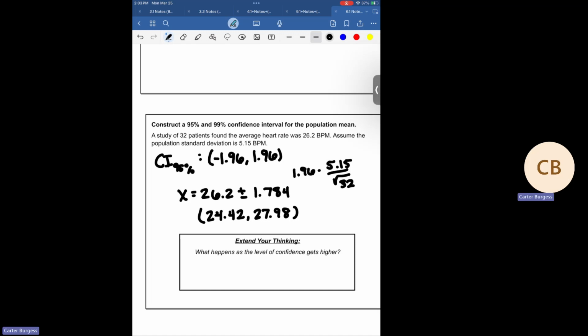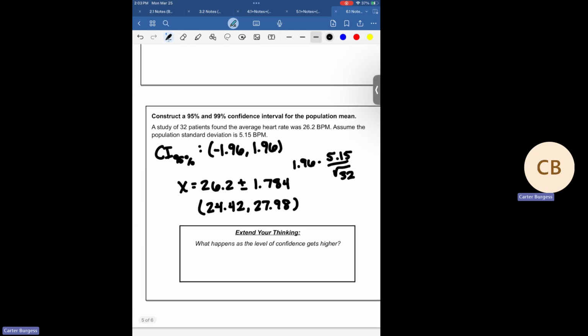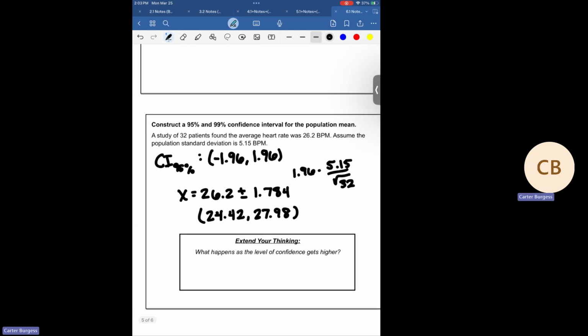We can take a look at it if we need to. Yeah. Okay, and then really quickly, what's our interpretation here? What does this interval tell us? Yeah, 95% confident that the mu essentially just lives there.